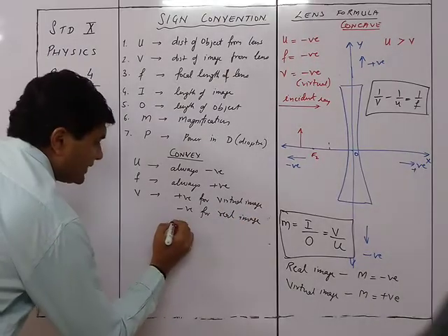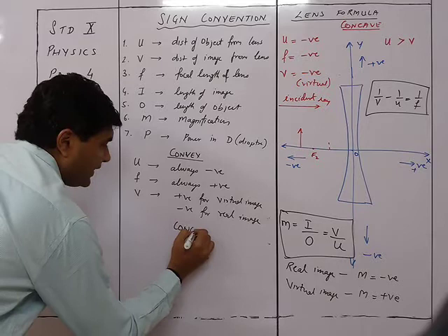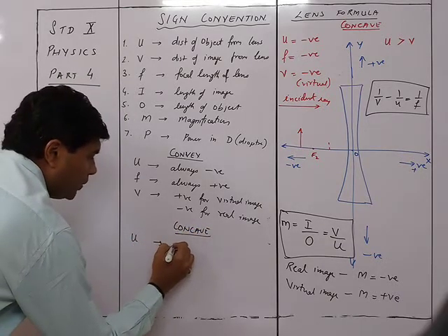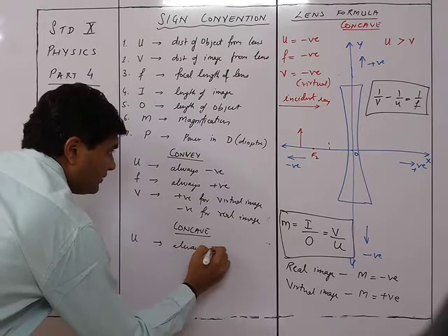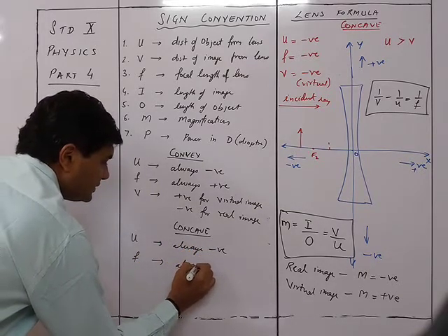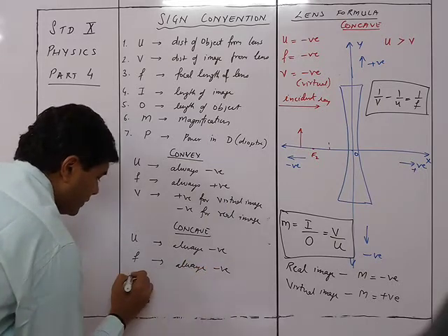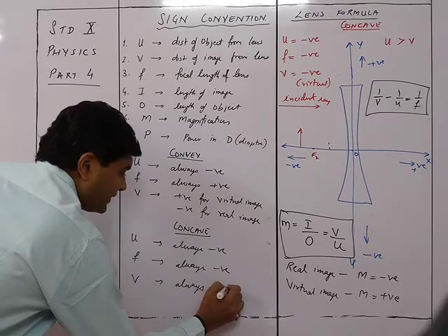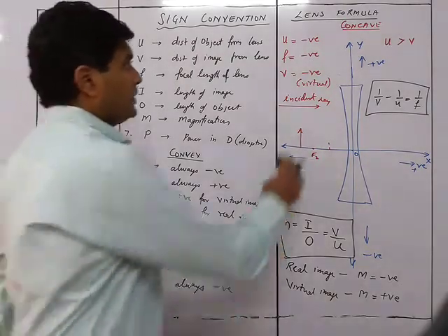Then comes concave: U always negative, F always negative, V always negative. Clear?